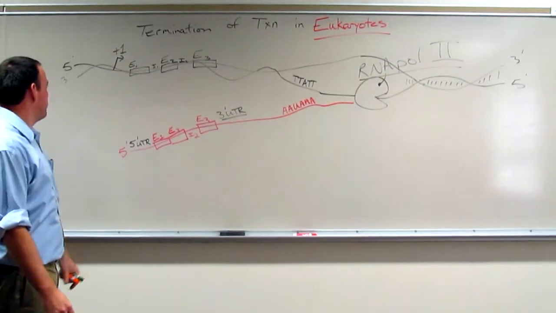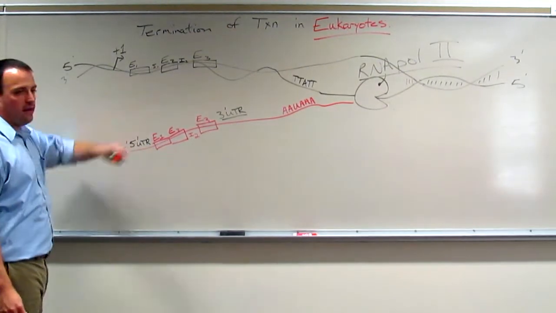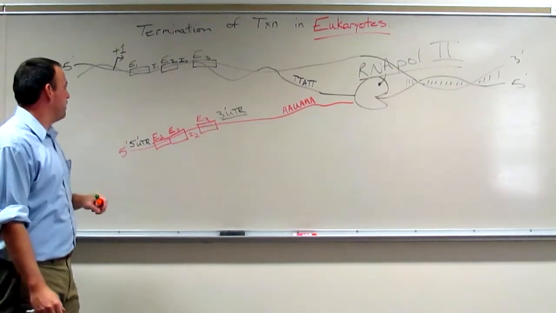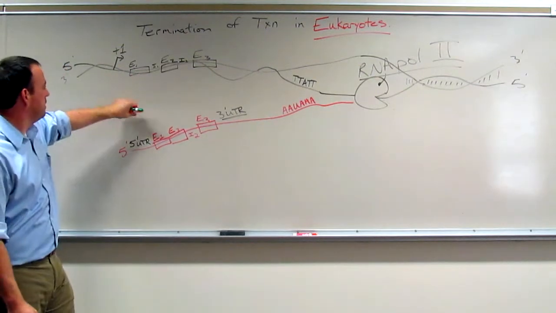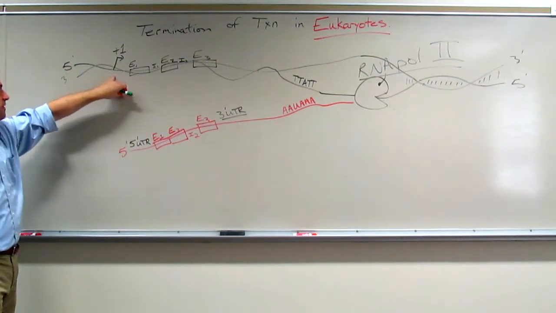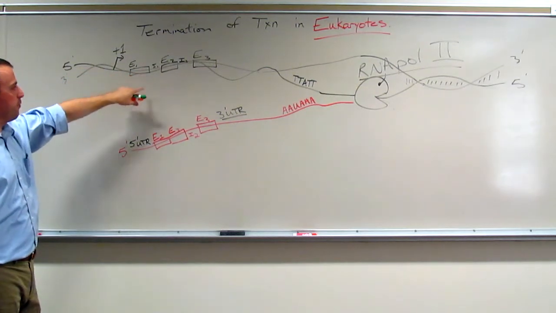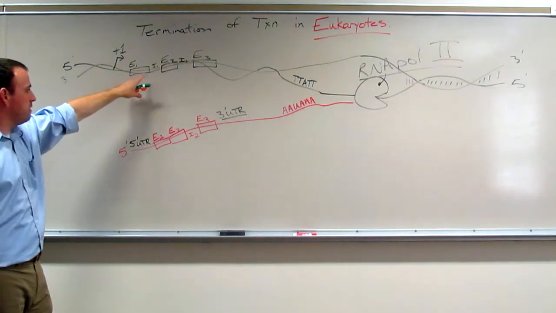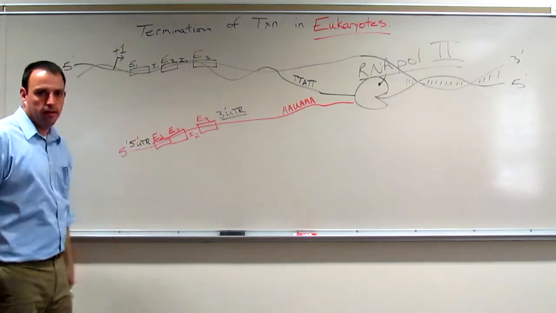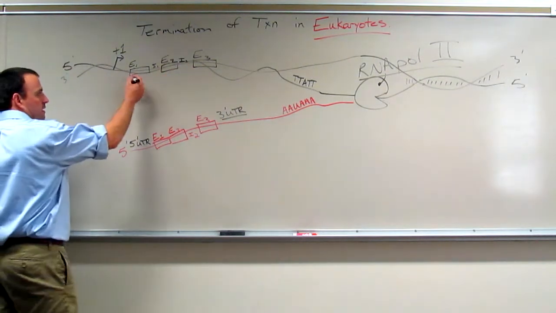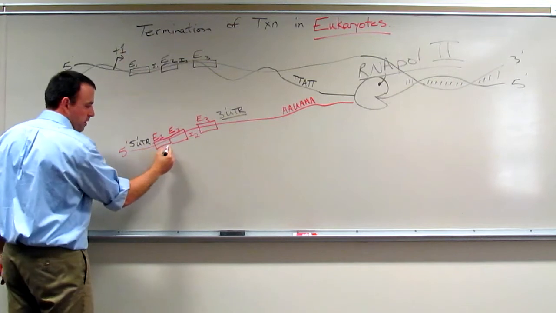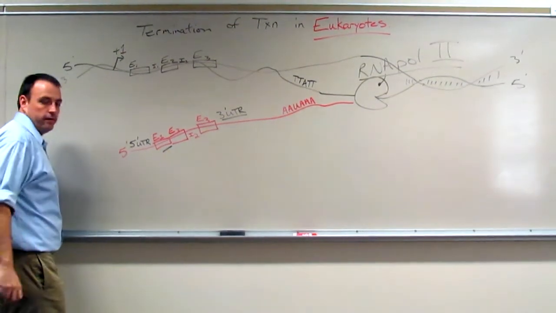So I'm going to orient you here. Here is a eukaryotic gene. Not all the parts of a gene are drawn here. We've got a +1 site, the transcription start site. It's on the coding strand. You have 3 exons here, exon 1, exon 2, and exon 3. Those are protein coding parts of the gene that will ultimately be part of the final mRNA.